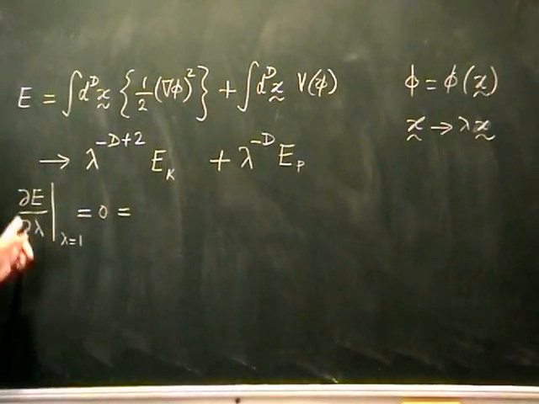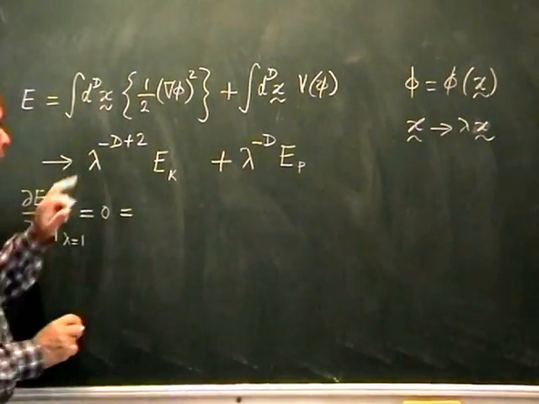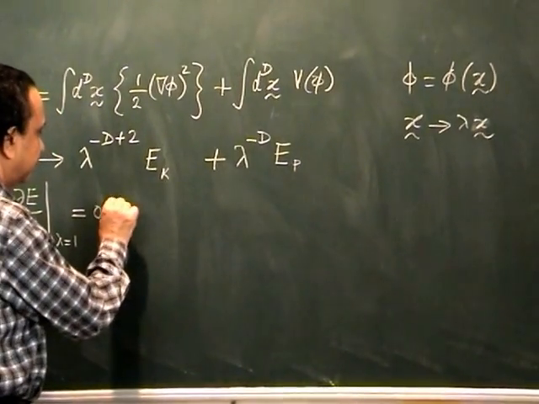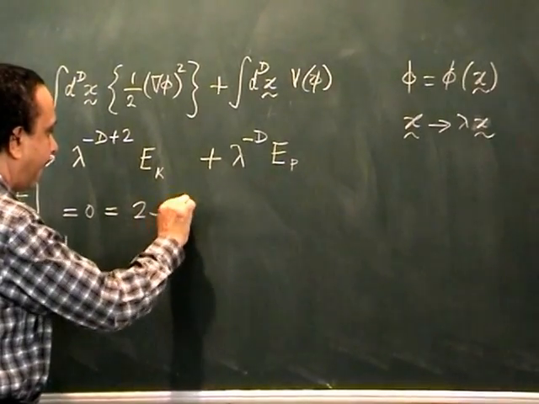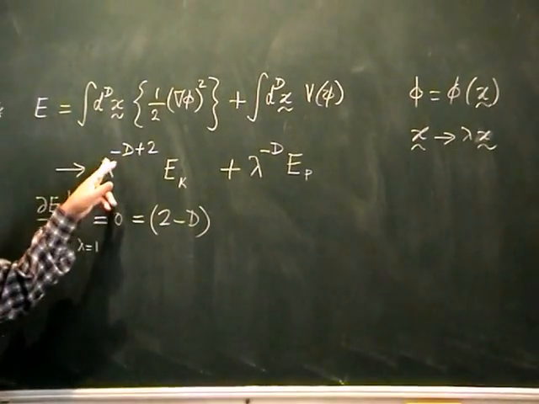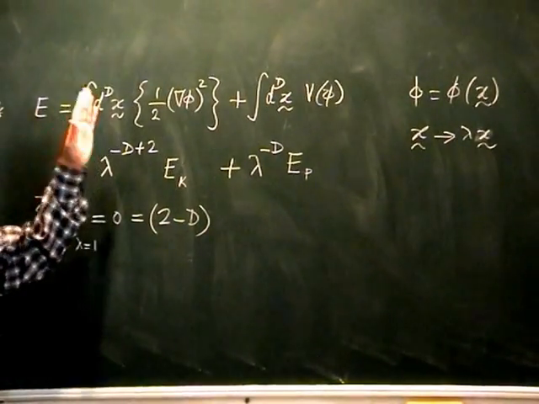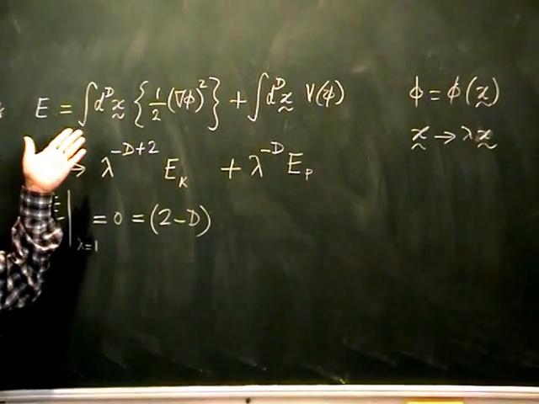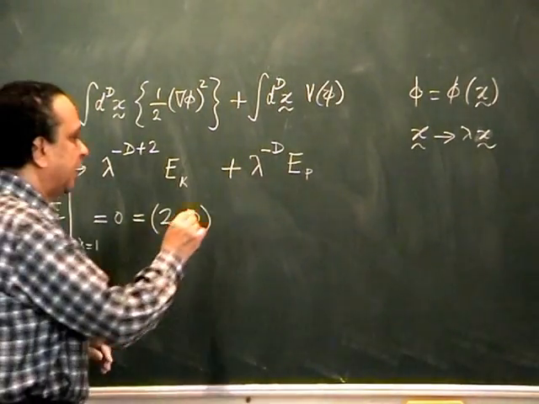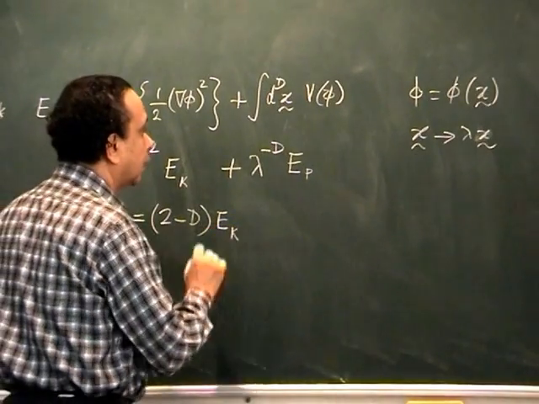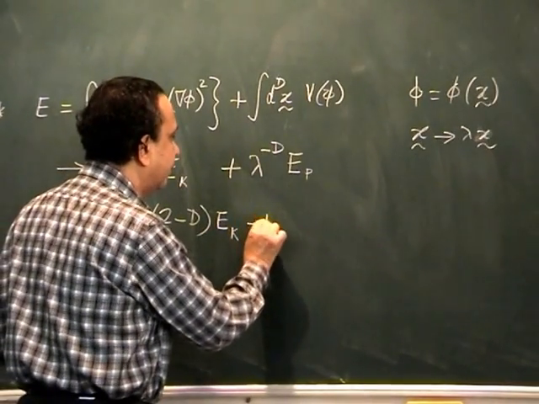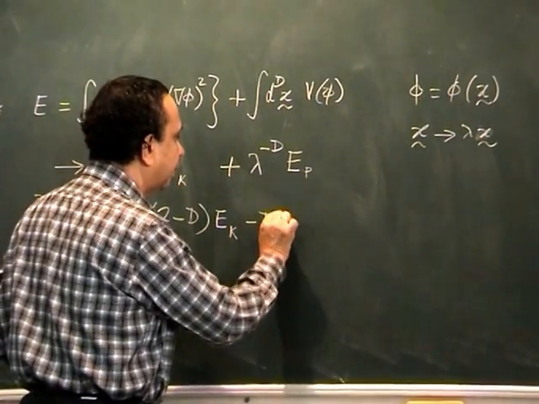So if I differentiate this with respect to lambda, I first get here 2 minus d into lambda of something, but lambda is equal to 1, so that doesn't matter, times E kinetic, minus d E potential.